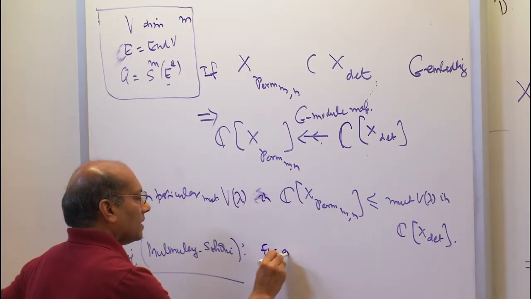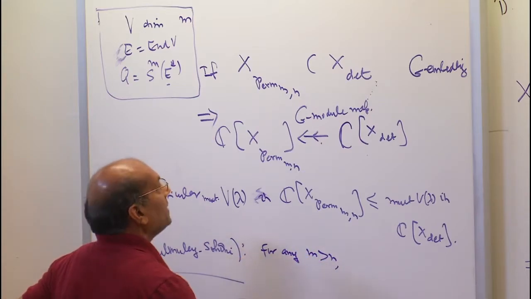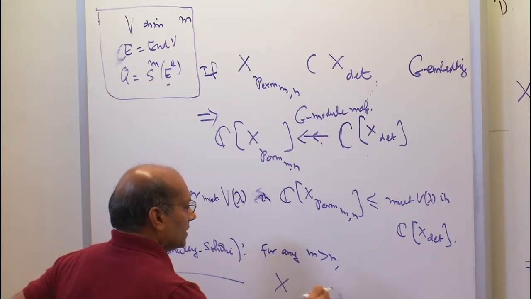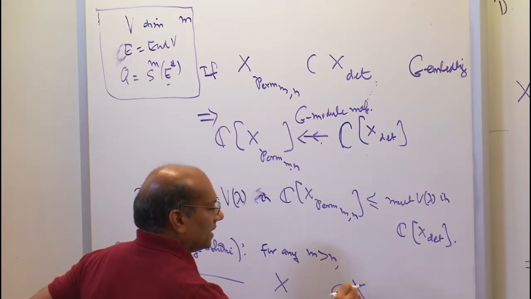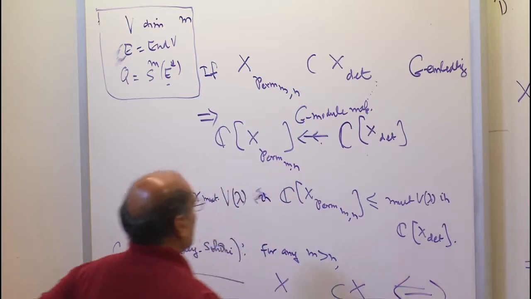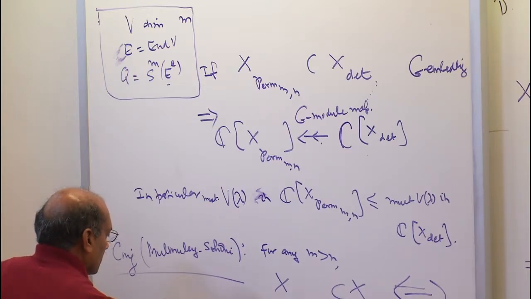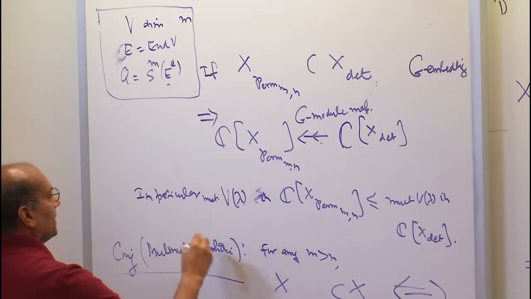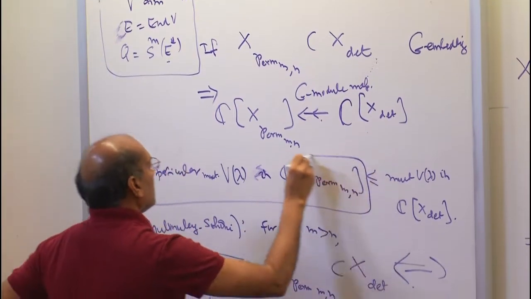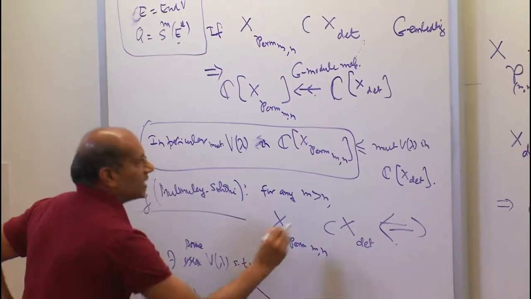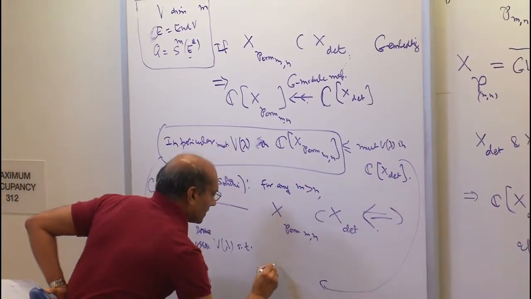For any M bigger than N, X perm Mn sits inside X det if and only if there exists some V lambda such that this multiplicity is strictly bigger than this multiplicity.